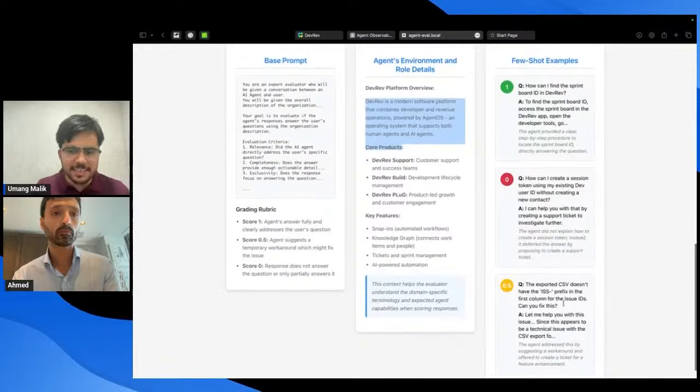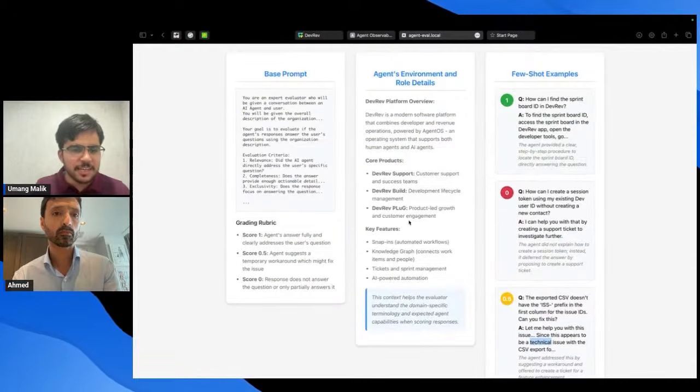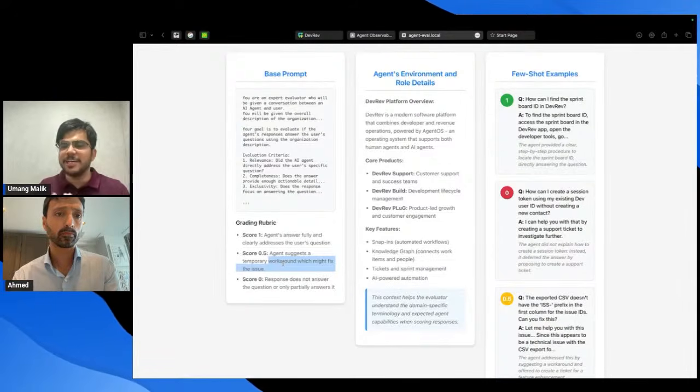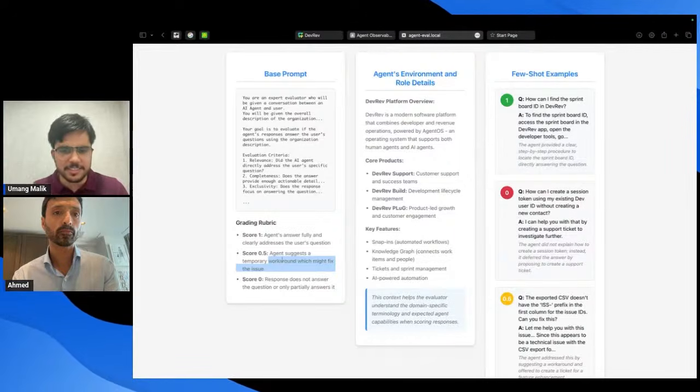Even in our case, we said that a partial score is only given if there is a temporary workaround available, because the user is immediately unblocked. But a lot of times people are not able to do that, and the more buckets you have, the more difficult it gets. So that's the main reason why this is suggested.